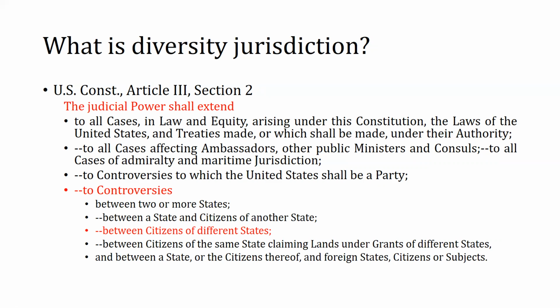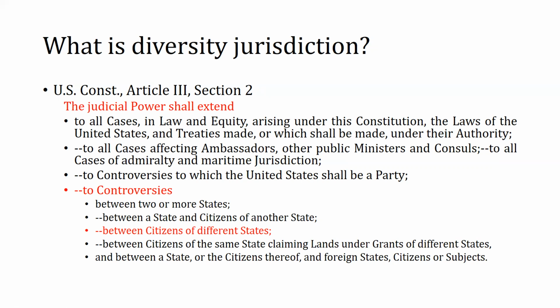It also extends to cases in which the United States is a party. And finally, the judicial power of the United States extends to controversies that are between two or more states, or between a state and citizens of another state, or between citizens of different states, between citizens of the same state claiming lands under grants of different states, and between a state or the citizens of that state and foreign states or citizens or subjects.